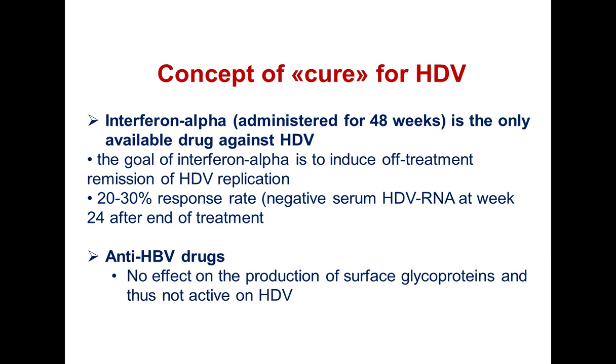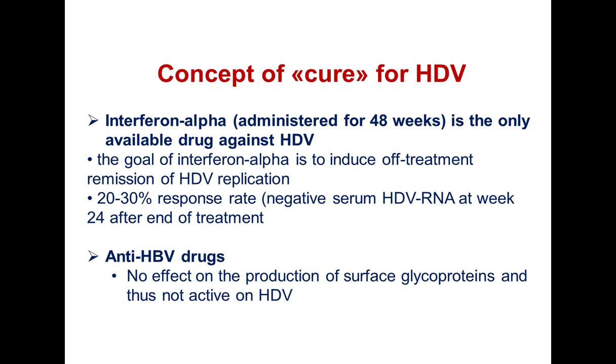As I told you before, interferon alpha administered for 48 weeks is so far the only drug available against HDV. The goal of interferon alpha is to induce off-treatment remission of HDV replication, implying the achievement of a potential HDV cure.